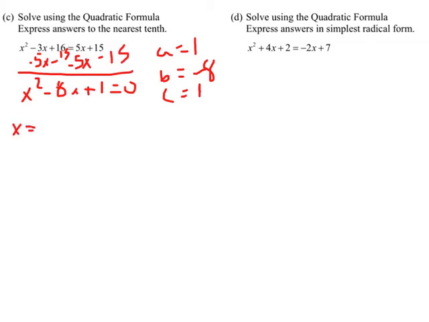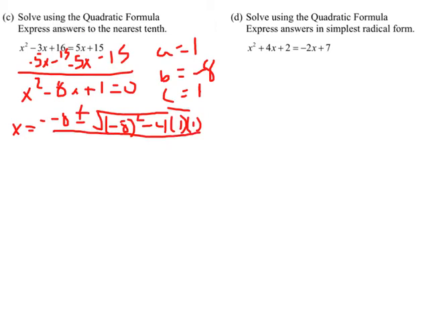X equals the opposite of negative 8, so the negative of negative 8, plus or minus the square root of negative 8 being squared, minus 4 times A is 1 times C is 1, all divided by 2 times A is 1.